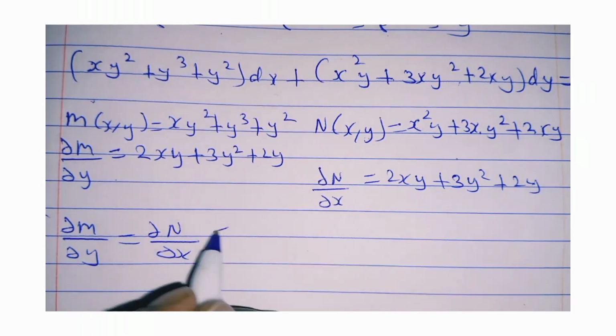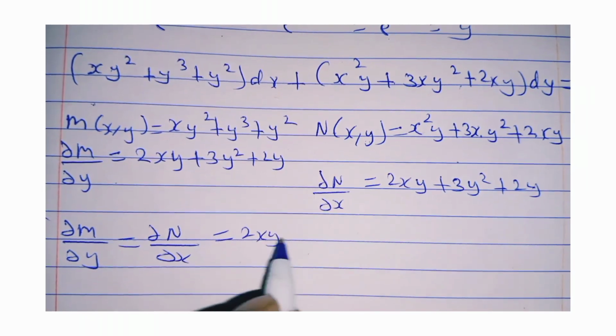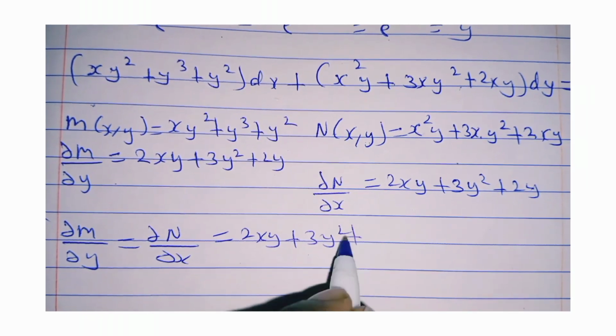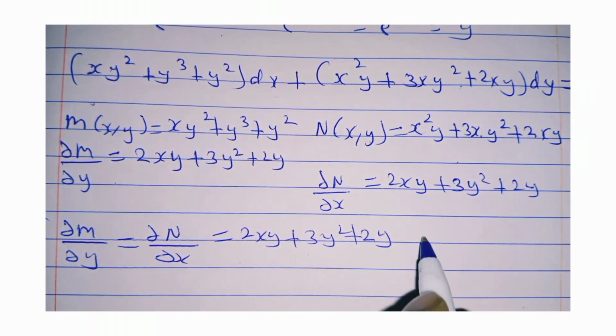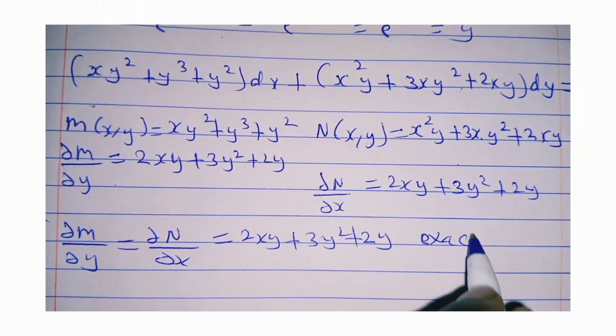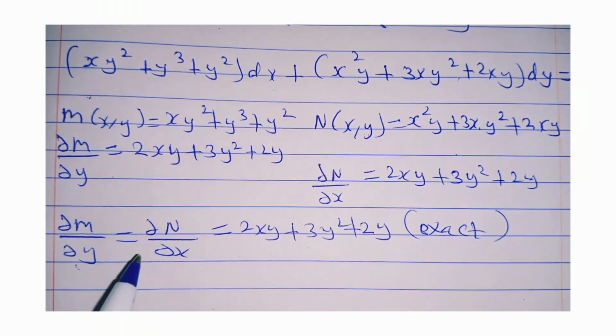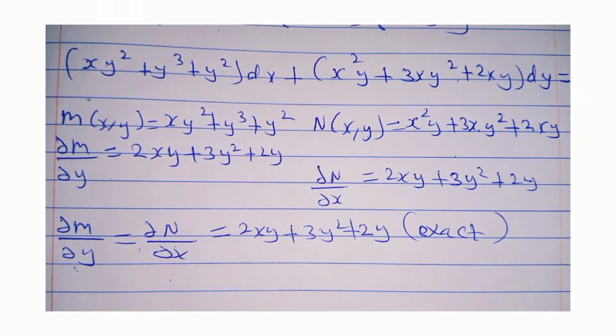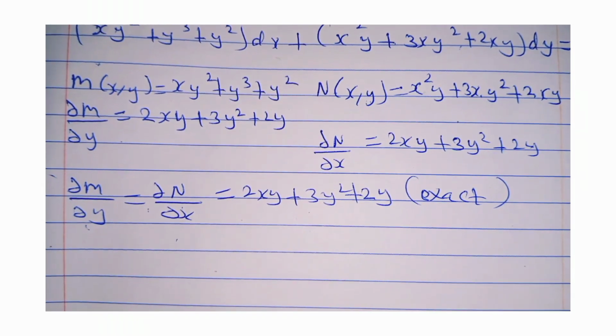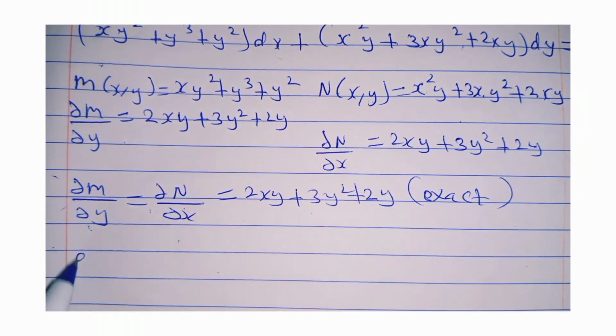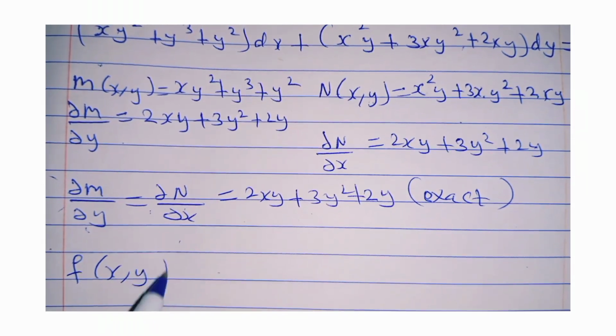In our case, it is equal to 2xy plus 3y squared plus 2y. So since the partial of M with respect to y is equal to the partial of N with respect to x, that tells you that our equation is exact, meaning that our solution will be of this form.